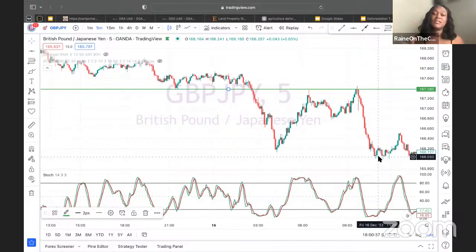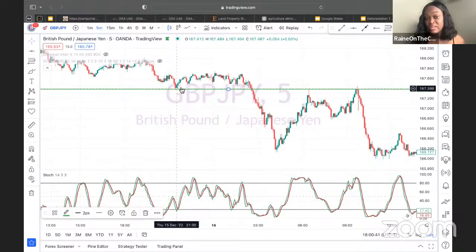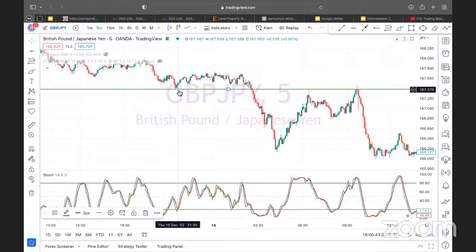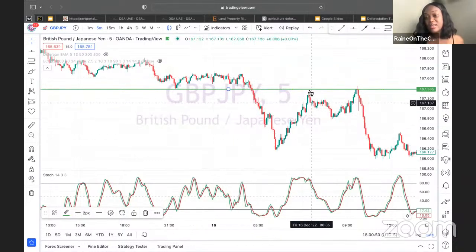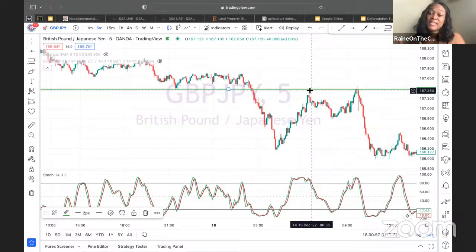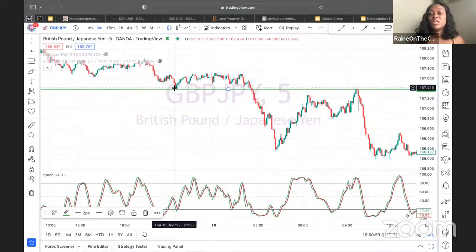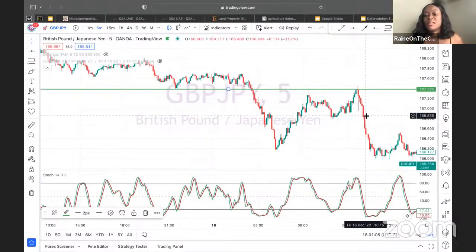I'm going to sell the floor of a downtrend. So this is the floor here, right? The floor. So when it breaks there and it comes back up, I'm selling the floor, but now it's acting as the ceiling. So when the floor or support becomes the ceiling or resistance, I'm looking to sell.